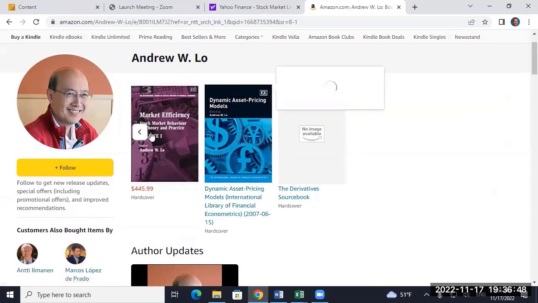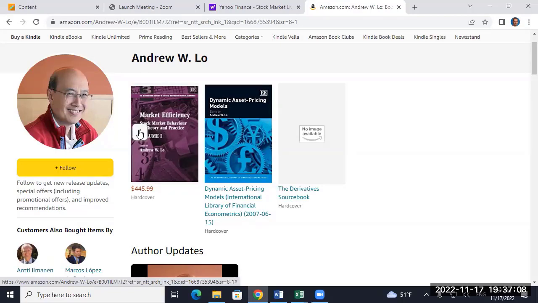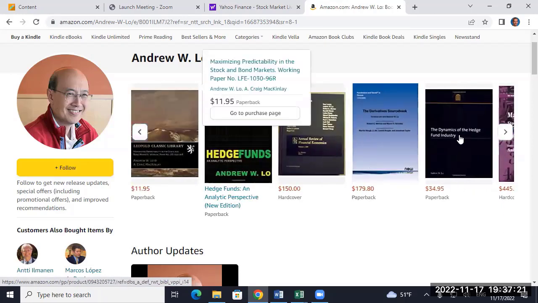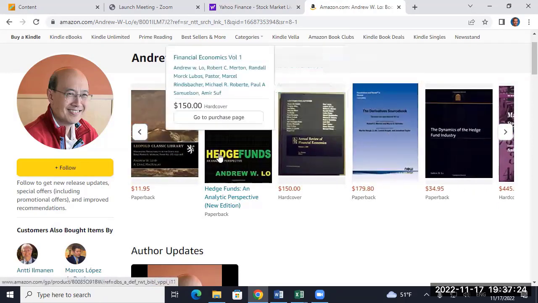He's written several books. There's one on market efficiency. He's actually pretty famous. He went to a conference young in his career where he essentially proved the efficient market hypothesis was wrong. The guy who came up after him said, that's really nice, but obviously you have a flaw in your data. Go back and fix it because that can't be true. And then that guy went back and replicated Andrew Lo's analysis and found that he was actually correct. So he had to apologize to him. But the efficient market hypothesis was such a mantra for the industry, you weren't allowed to question it. So they just assumed if he proved it wrong, it couldn't be because he was right. It could have been because he made a mistake.